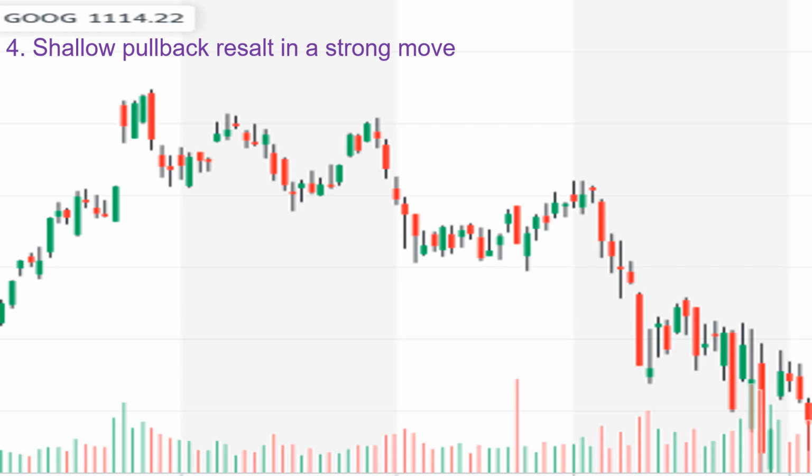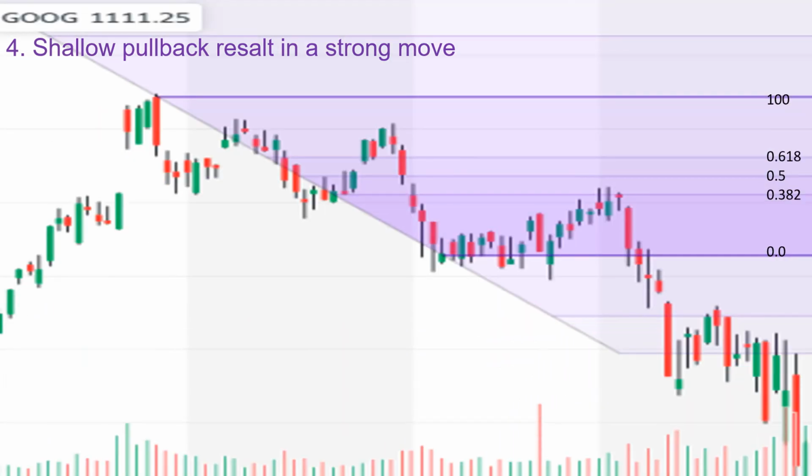Let's try the Fibonacci retracement tool. This is the same price chart, and we plotted the Fibonacci retracement tool here using the high and the low of this move.